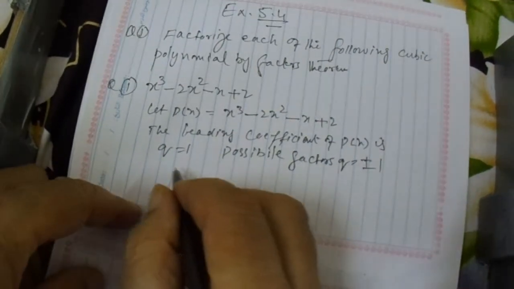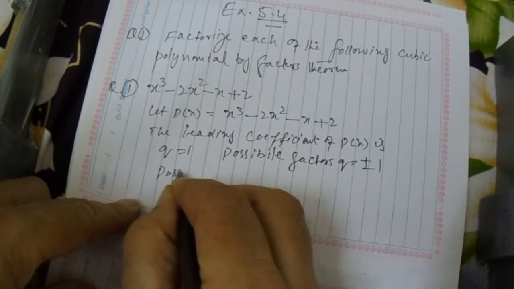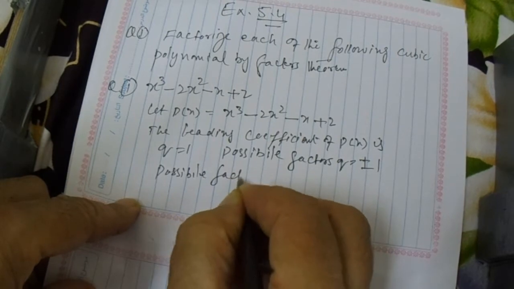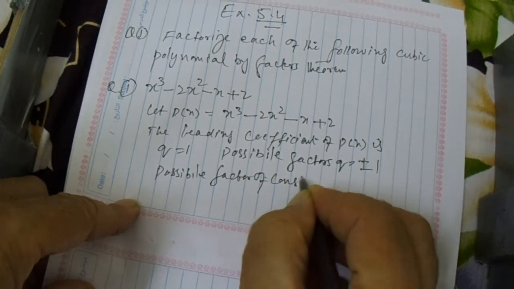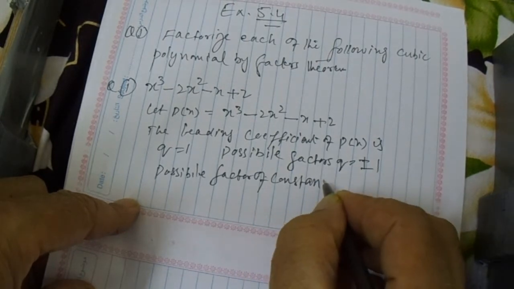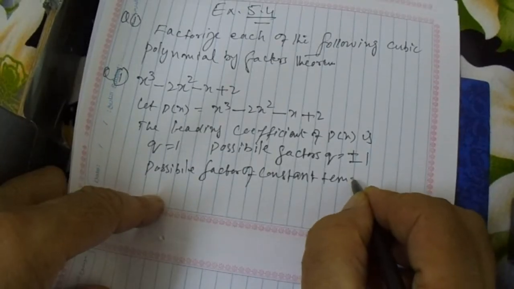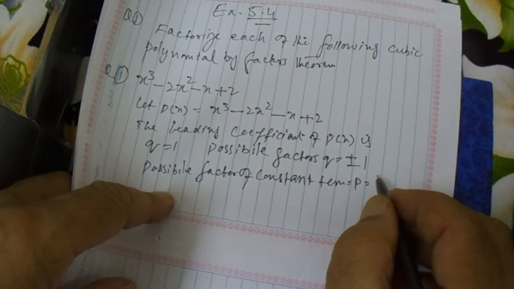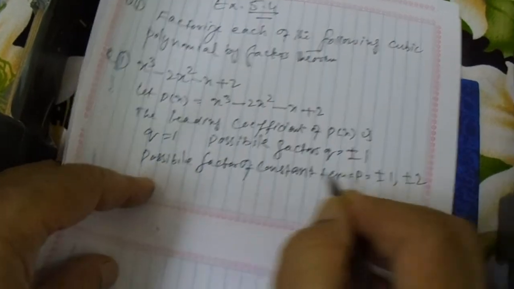Now the possible factors of the constant term p = 2 are ±1 and ±2.